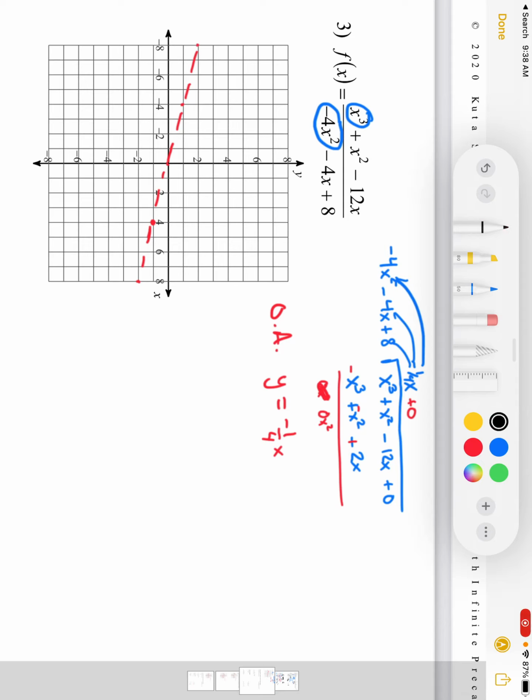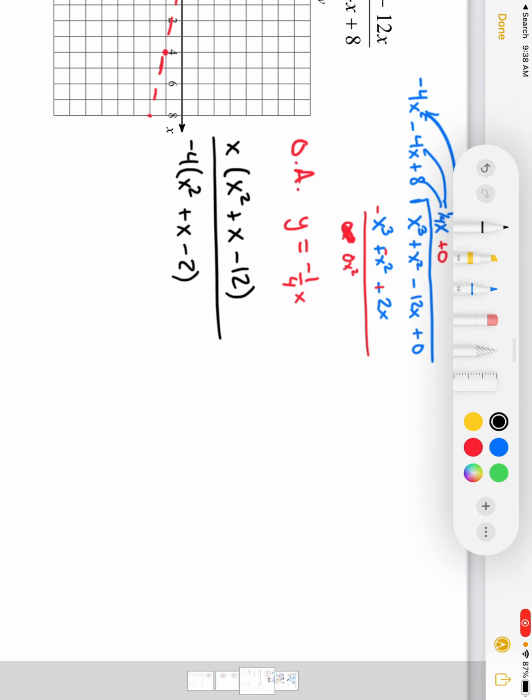Now we can factor this thing. We get x times (x squared plus x minus 12) divided by, factor out a -4, so x squared plus x minus 2.